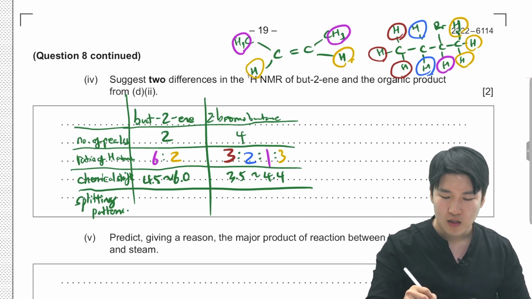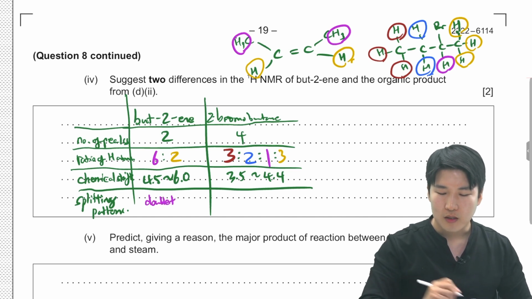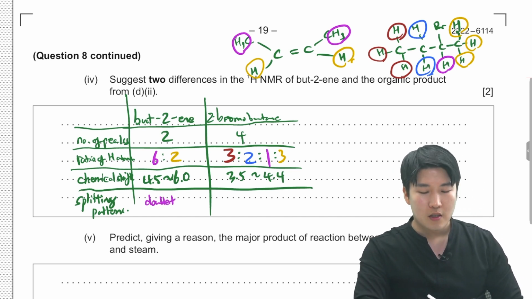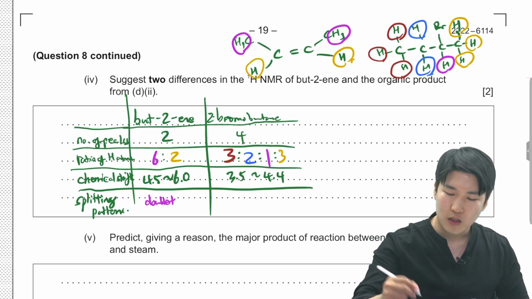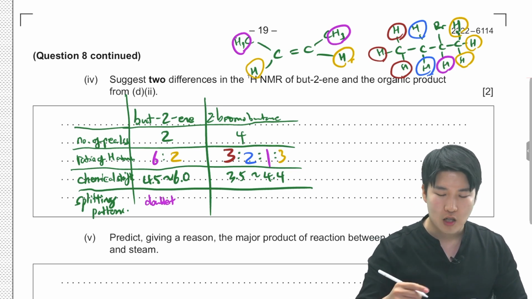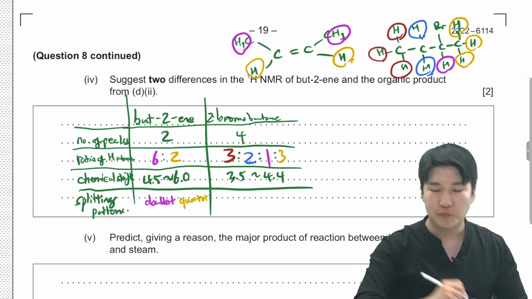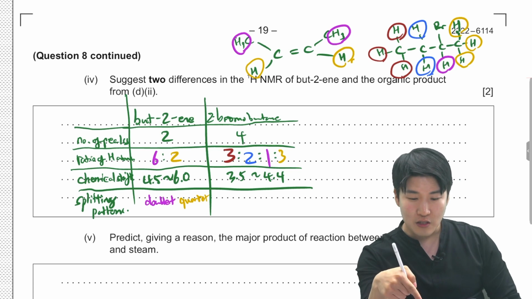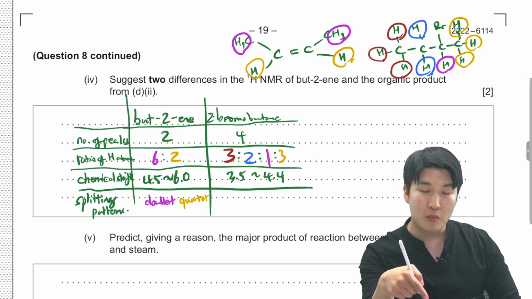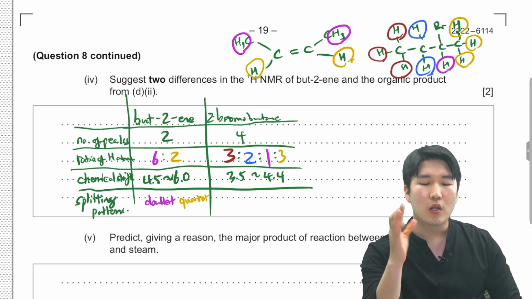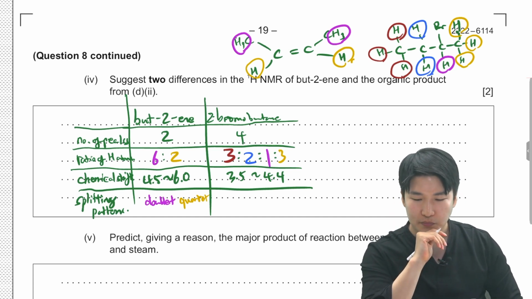It tells us that the CH3 will have a doublet peak, while the CH hydrogen environment will have a quartet. The CH hydrogen is adjacent to a carbon with 3 hydrogens, and therefore 3 plus 1, a quartet.